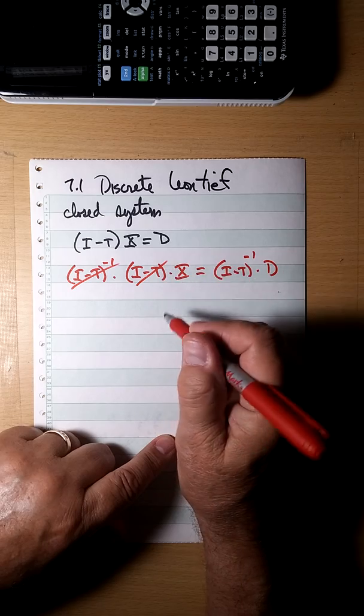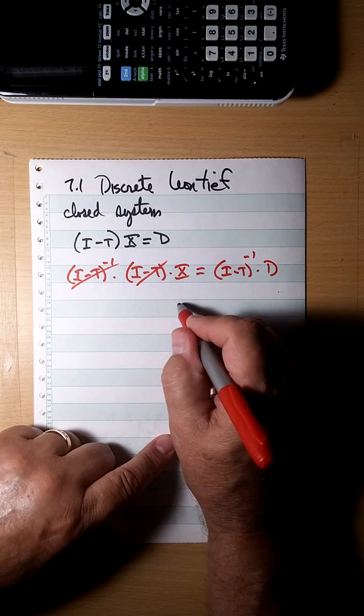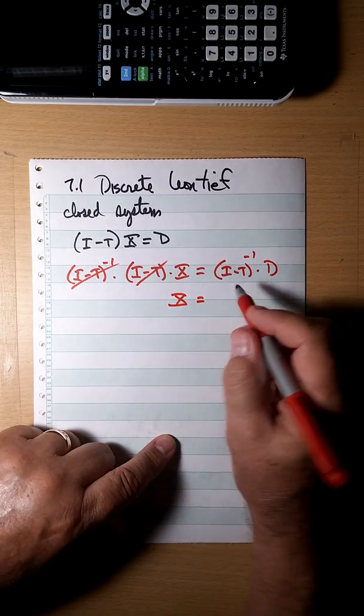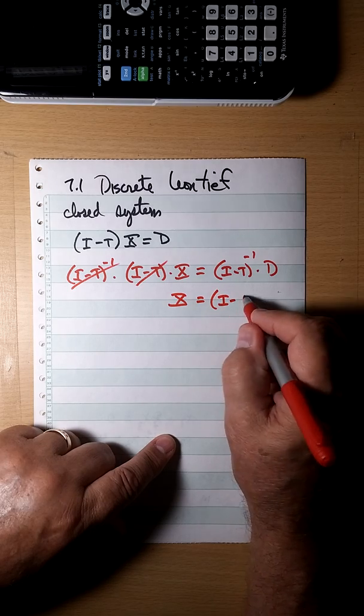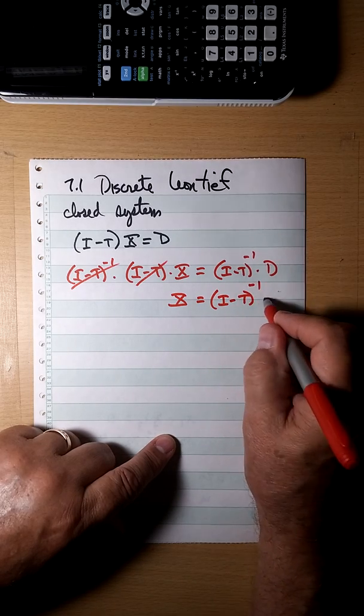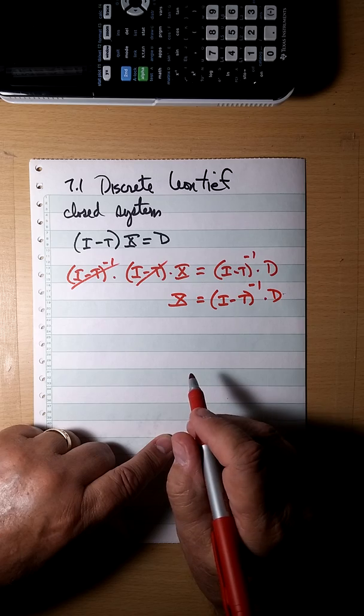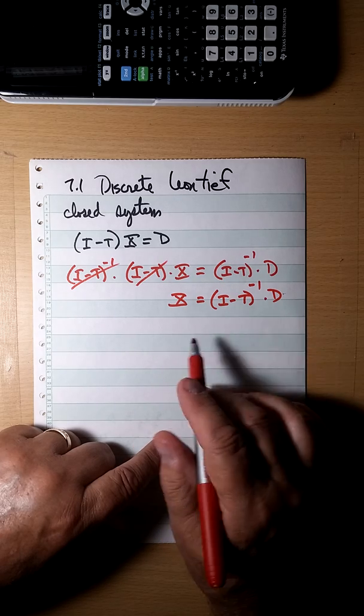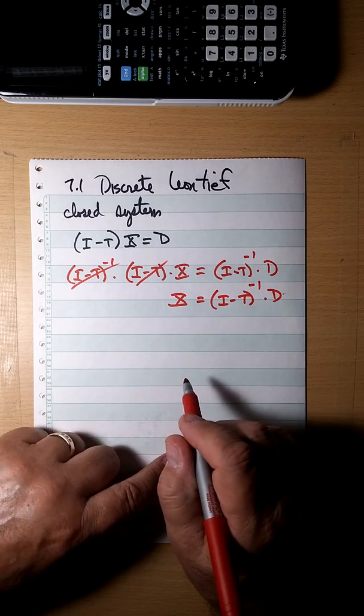They really become the identity. And you just get X is this I minus T inverse times D. So we can go even a step further with these things if we want to.